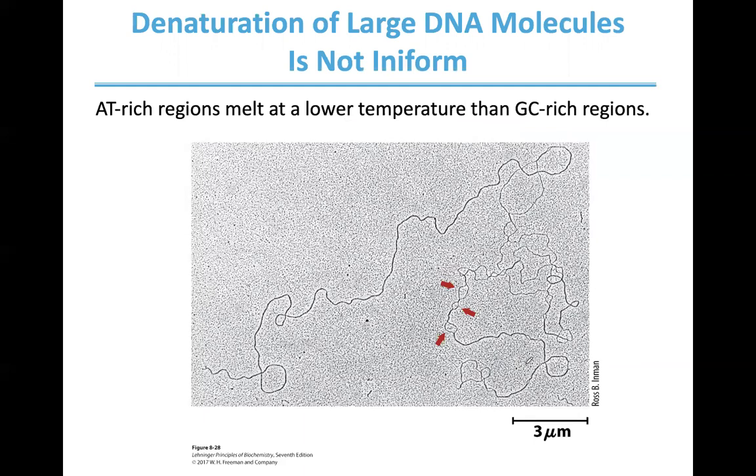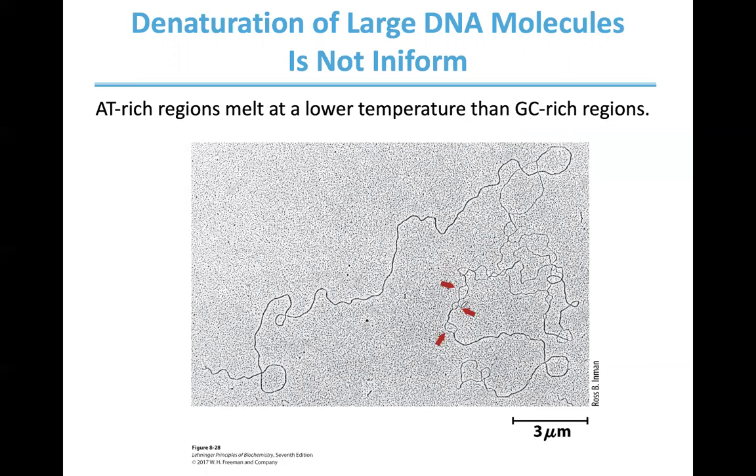Okay, so this is an electron micrograph. It's obviously very high resolution. So these pieces of DNA are still double-stranded. Basically, what the slide is trying to show us is that AT regions melt at lower temperature than GC regions.